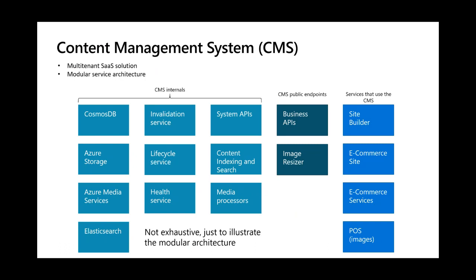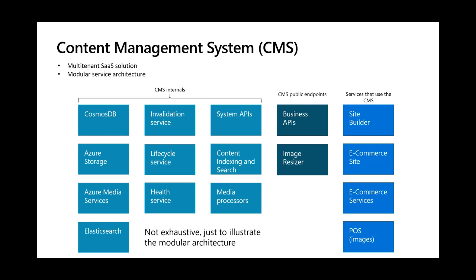Content indexing and search-related services are used by the site builder to allow content discovery for the content editors. And media processors perform post-ingestion operations like metadata population, image dimensions to mention an example. Automatic image asset tagging based on image analysis is something we have ready and will be releasing fairly soon.